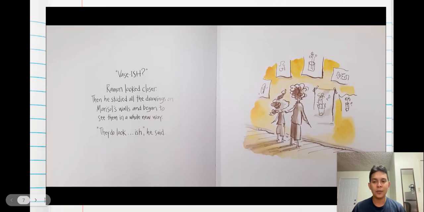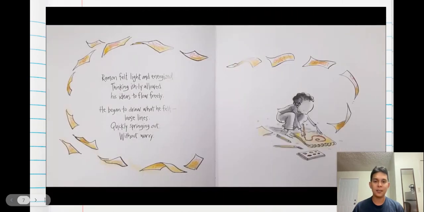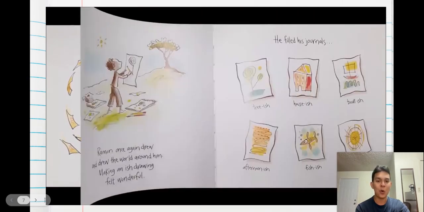Ramon looked closer. Then he studied all the drawings on Marisol's walls and began to see them in a whole new way. "They do look ish," he said. Ramon felt light and energized. Thinking ishly allowed his ideas to flow freely. He began to draw what he felt, loose lines, quickly springing out, without worry.